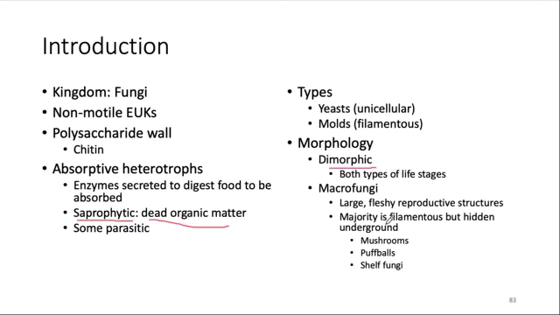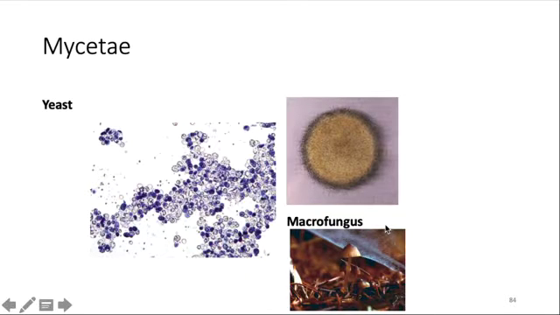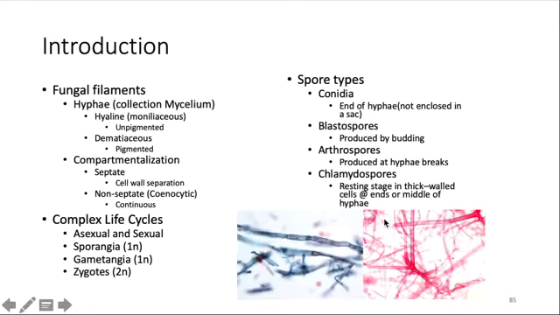The macrofungi would be the mushrooms, the puffballs, and the shelf fungi. So all the three that I mentioned have been represented here. So these are the yeasts, these are the molds, and then these are the macrofungi.